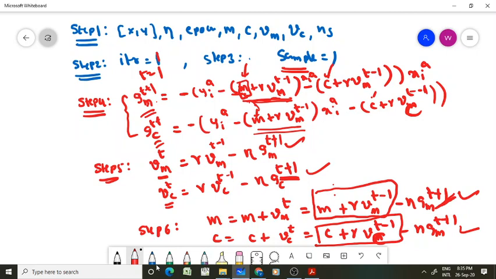Okay. So in Nesterov accelerated gradient what we are doing is we are updating our model parameter based on the gradient at the current iteration, the gradient at the previous iteration, and also the gradient at the next iteration.